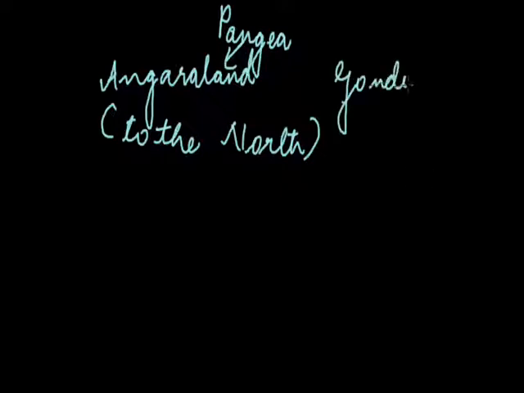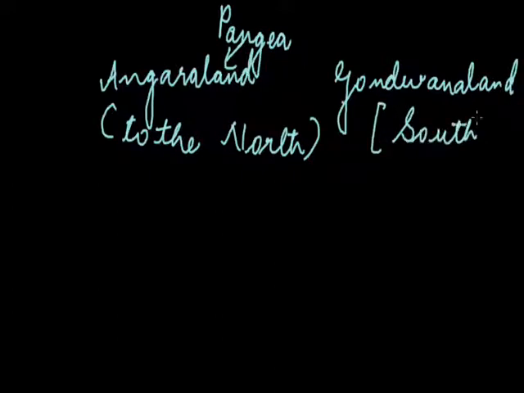Pangaea consisted of 2 parts: one is the Angara land, to the north, and another was the Gondwana land. It was the southern part of Pangaea.